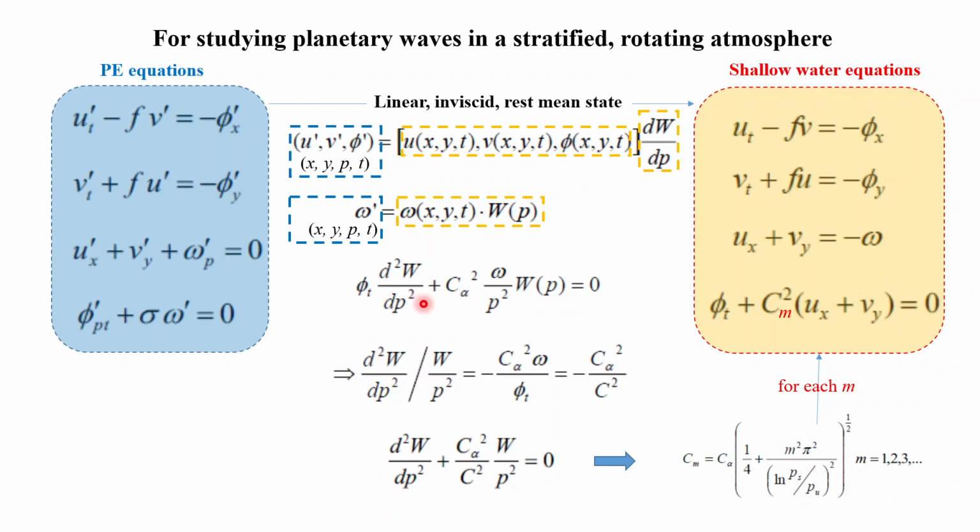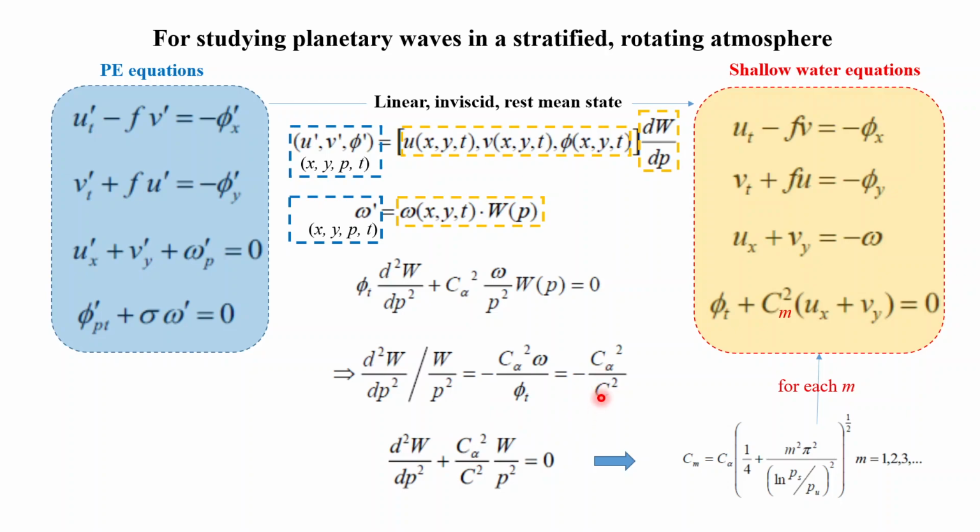In the thermodynamic equations, you have a W and a phi T. And then with separation of variables, you can obtain two equations. One is this part, and this part gives you this continuity equation. And this part becomes the second order differential equation for W in P, with the separation constant C here.